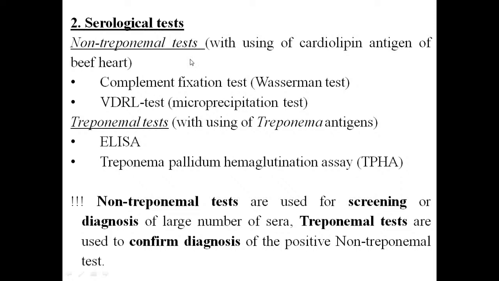And treponemal tests are used to confirm the diagnosis of a positive non-treponemal test. If the first test in a patient is positive, the diagnosis must be confirmed by treponemal tests.